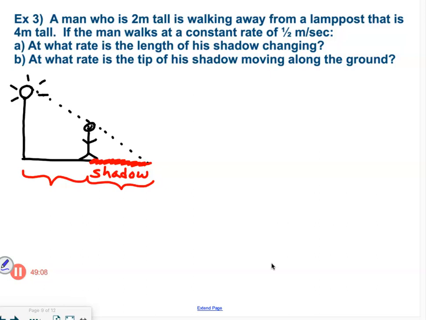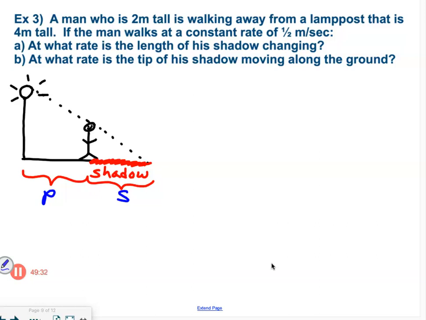S. All right, we're going to use S for shadow. And then we need the distance between the man and the lamppost. P, going with P. Sure. All right.